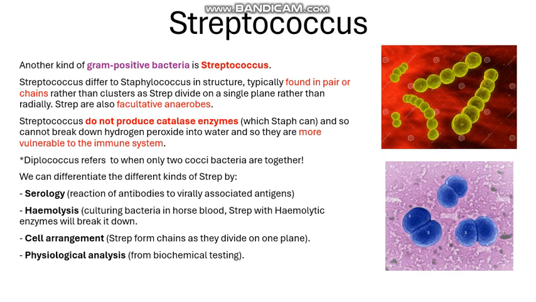We can differentiate the different kinds of strep by a few processes. The first is serology, where we assess the reaction of antibodies to virally associated antigens. So, say there are different strains of Streptococcus, different species. The different species each have different antigens that they're producing, these different structures targeted by different antibodies.